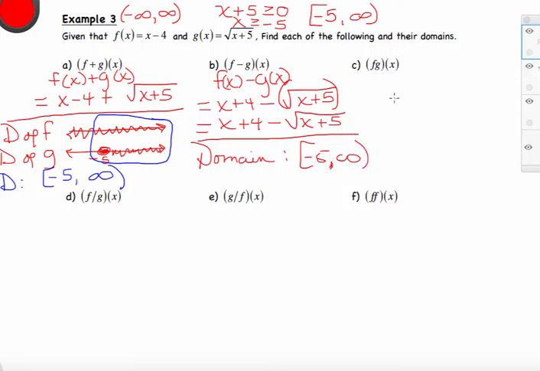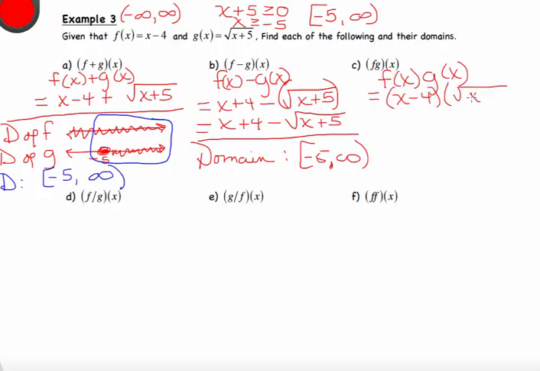So let's go ahead and do f times g. F times g of x is f of x times g of x. And that is going to be x minus 4 times the square root of x plus 5.